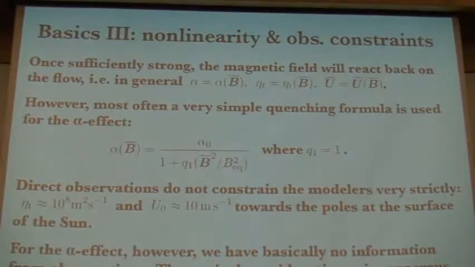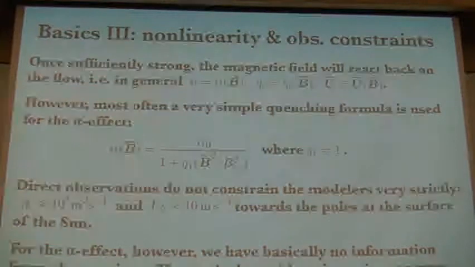And we use this very simple algebraic quenching formula for alpha. And this is just for purposes to demonstrate how these models work. Of course, we need to have a much more elaborate quenching formula if we want to be anything like realistic.